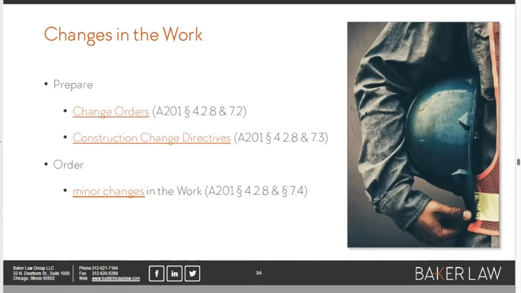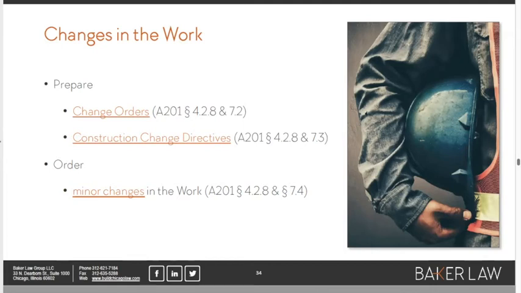And if the owner can't get the GC to do the work of the change order until there's agreement on price and schedule, what's going to happen? Well, the GC is going to have the owner over a barrel, and the owner is going to have the terrible decision to make of either signing a change order that gives the GC time and money they're not entitled to, or having their project grind to a halt.